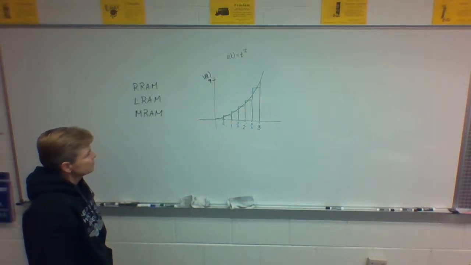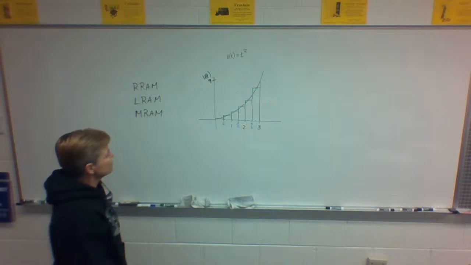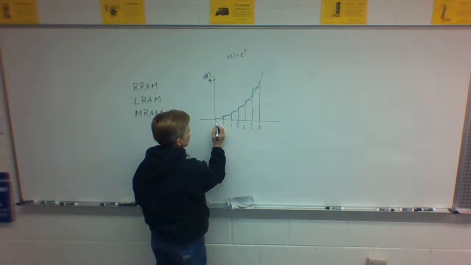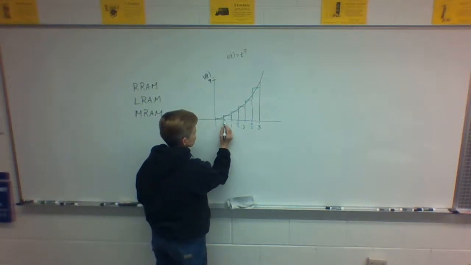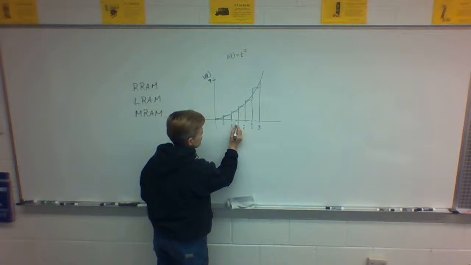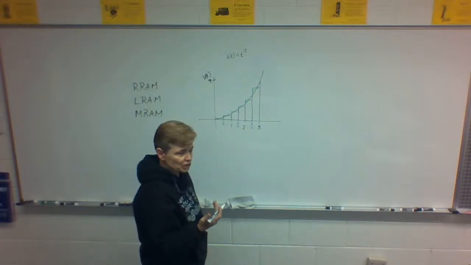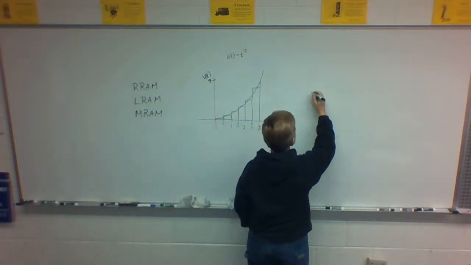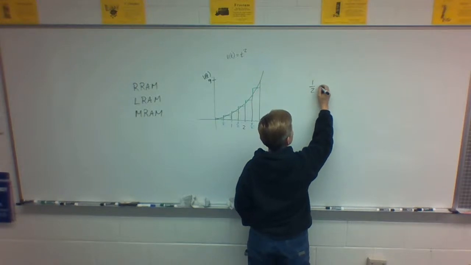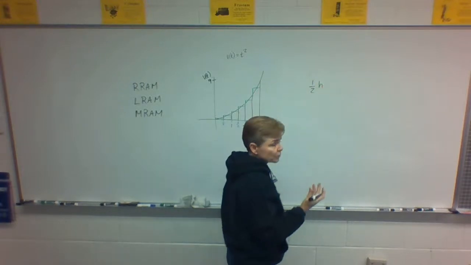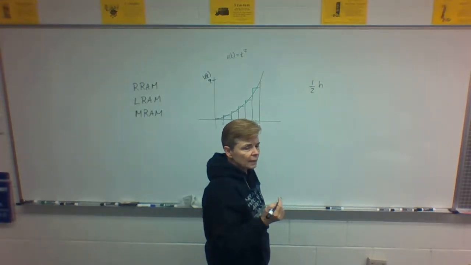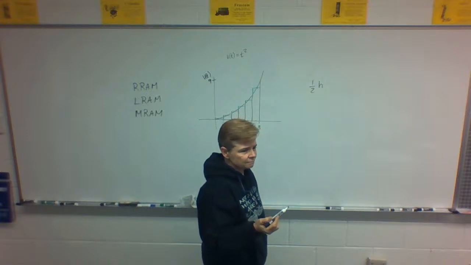How do we find, well, first of all, what is the width of this rectangle? What's the width of this one? And this one? That's the reason why it's kind of nice to make partitions that are the same width, because in each case, we're going to be taking 1/2 times the height. What determines the height?